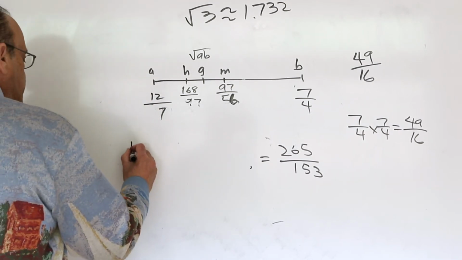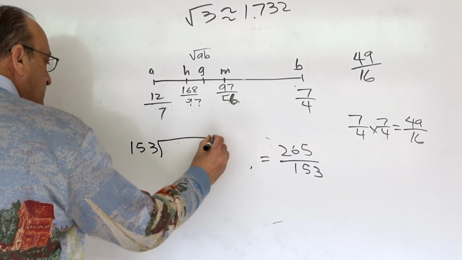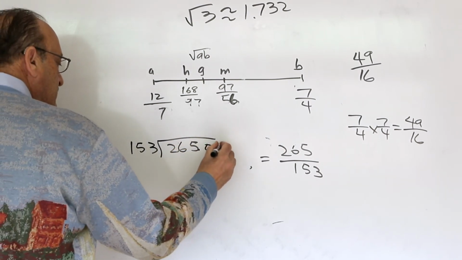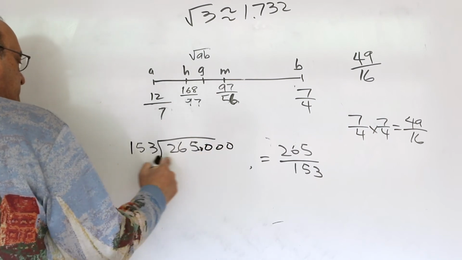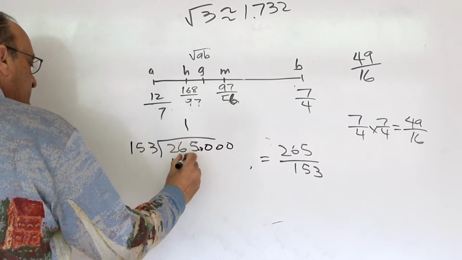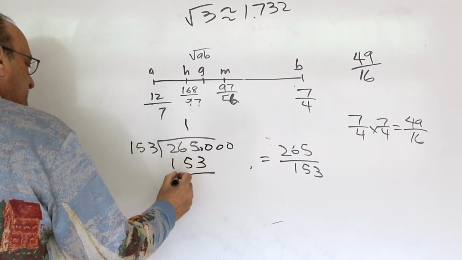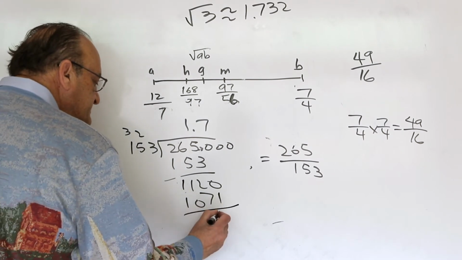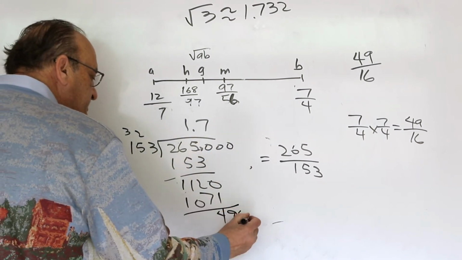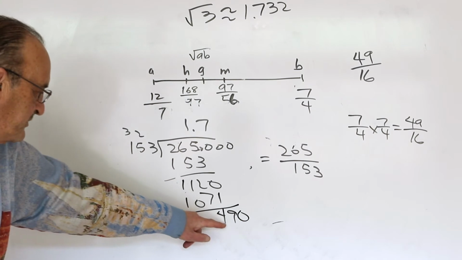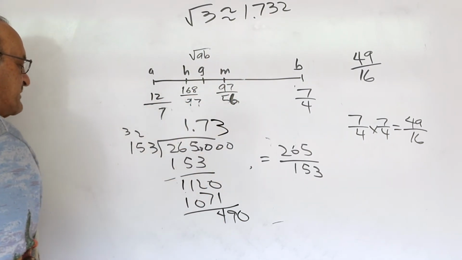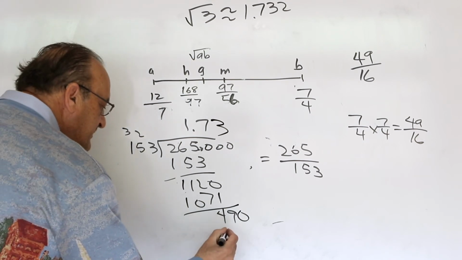So 153 into 265. Okay, I'm expecting to get 1. I'm going to get 1120, take away 1071. That's going to be 29 plus 2049. Bring down the 0. This we expect to go in 3 times, because 3 times 153 is 459.